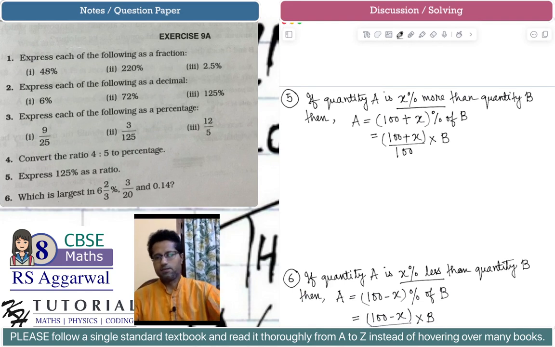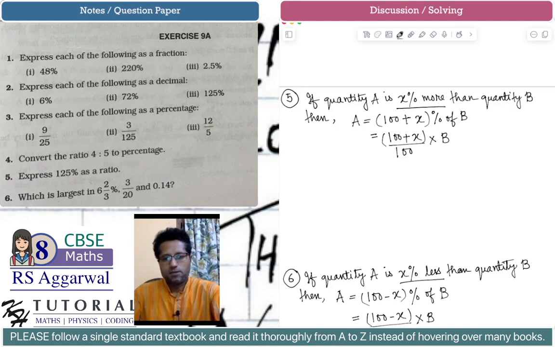If quantity A is x% more than quantity B, then A equals 100 plus x percentage of B. Now 100 plus x percentage of B is equal to 100 plus x divided by 100 multiplied by B.